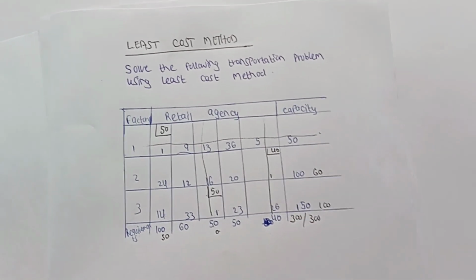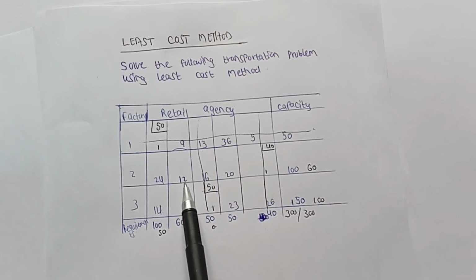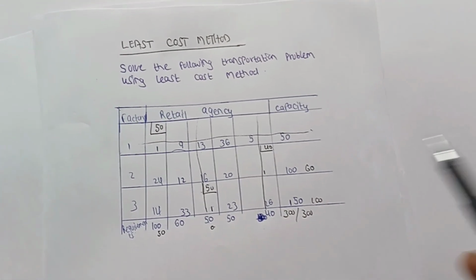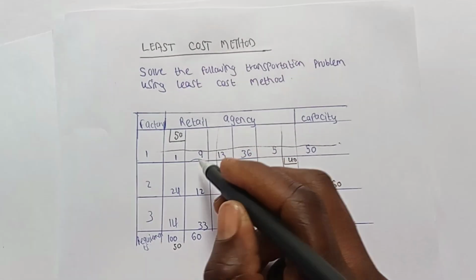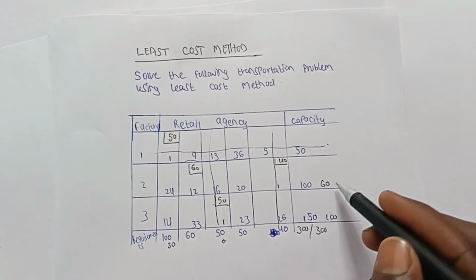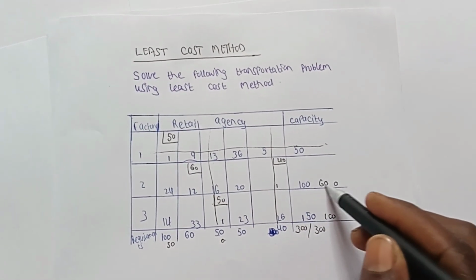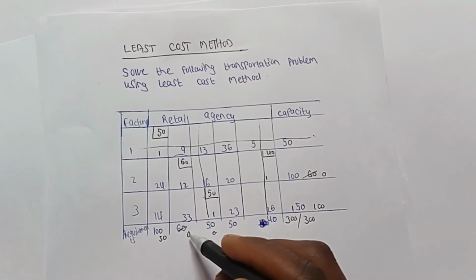The next least cost value is 12. 12 is the least, and we have 60 and 60, so we allocate 60 here. This one will remain 0, and this one, 60 minus 60, is 0.